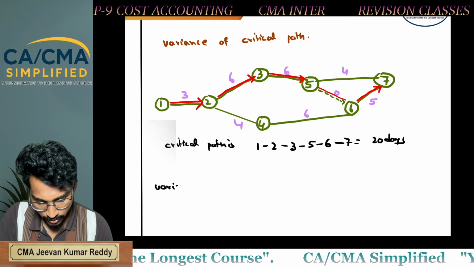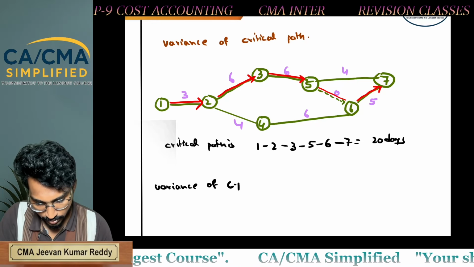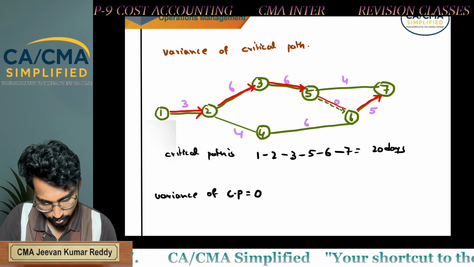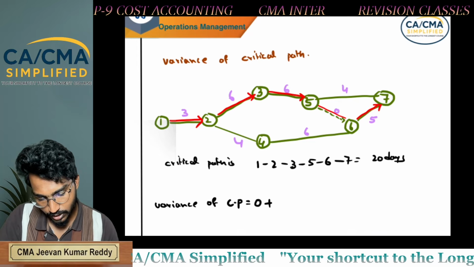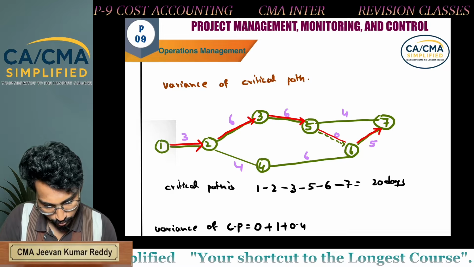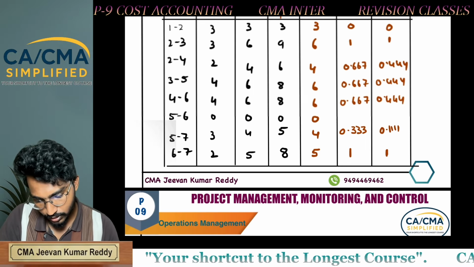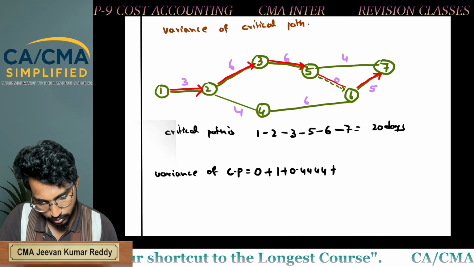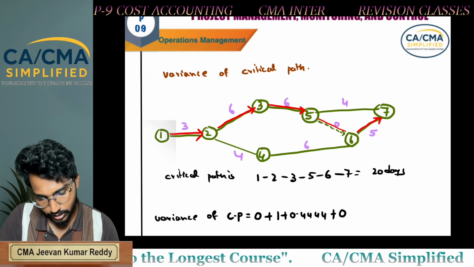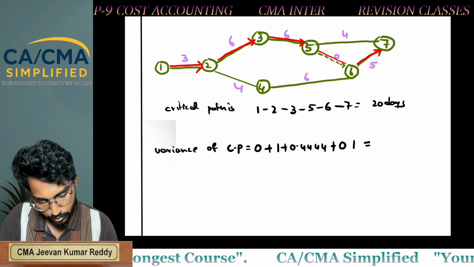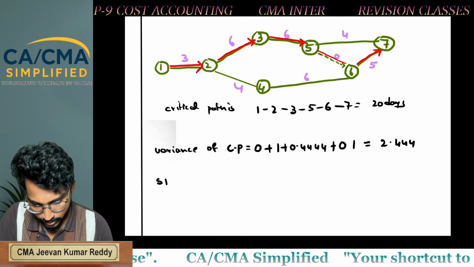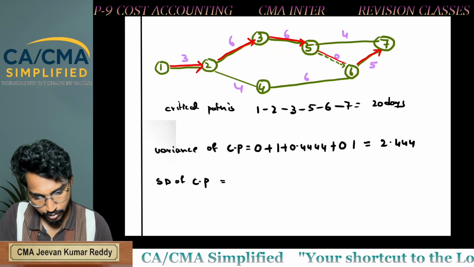Now the variance of the CP is: for 1 to 2, 0, plus 0, plus for 2 to 3, 1, plus for 3 to 5, 0.4444, plus 5 to 6, 0, and 6 to 7, 1. So in total it comes to 2.444 variance.